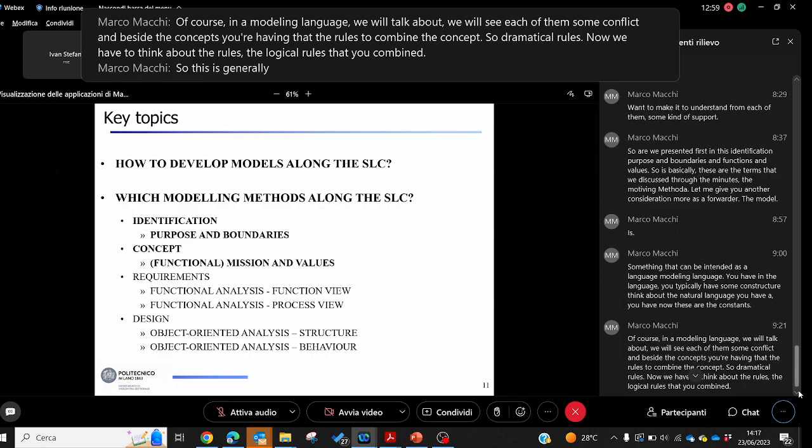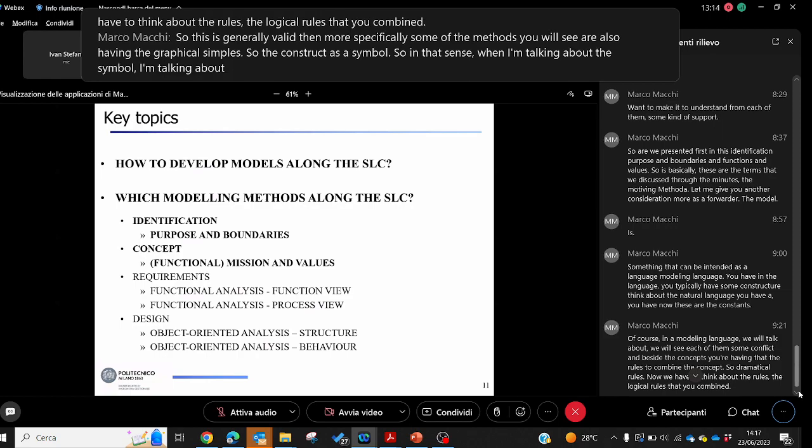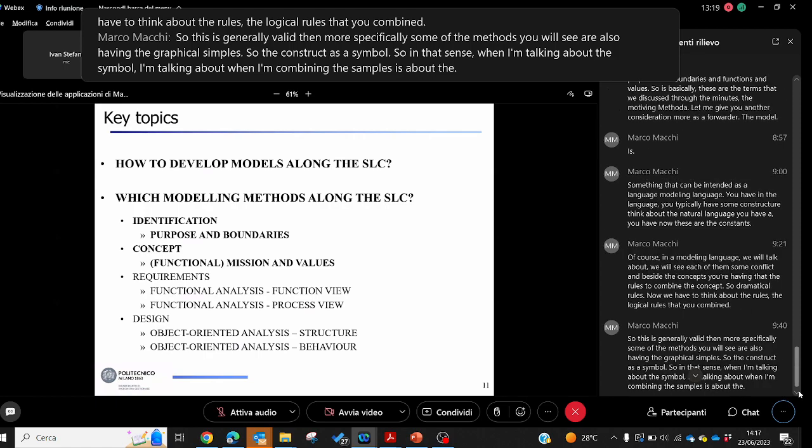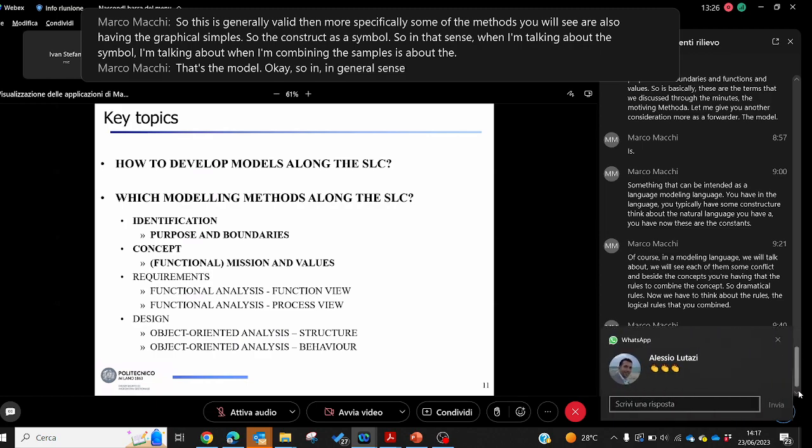Then, more specifically, some of the methods you will see also have graphical symbols. So the construct has a symbol. In that sense, when I'm talking about the symbol, I'm talking also about the construct. When I'm combining the symbols, I'm talking about the syntactical rules to combine them. That's the model. Okay? So in a general sense, a modeling language can be iconic, based on symbols, or also textual.